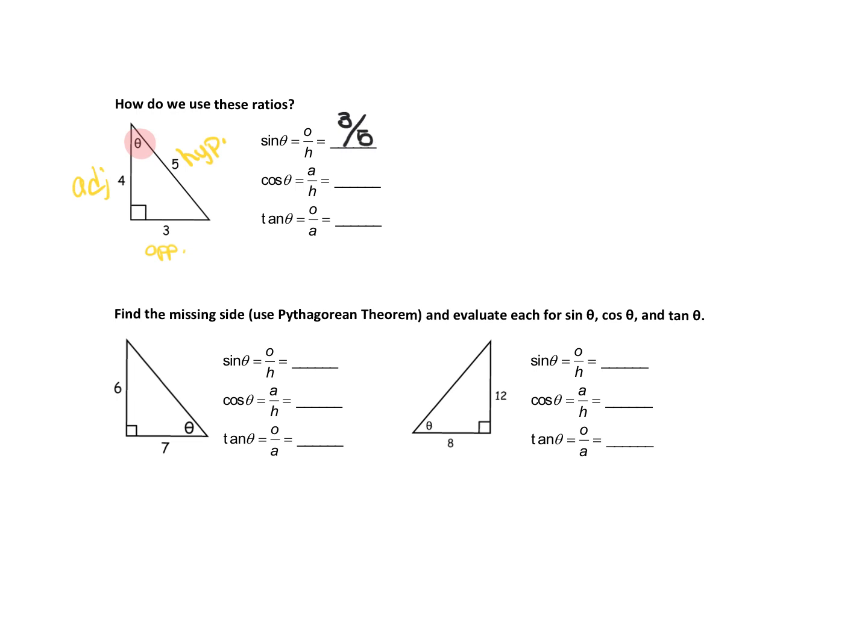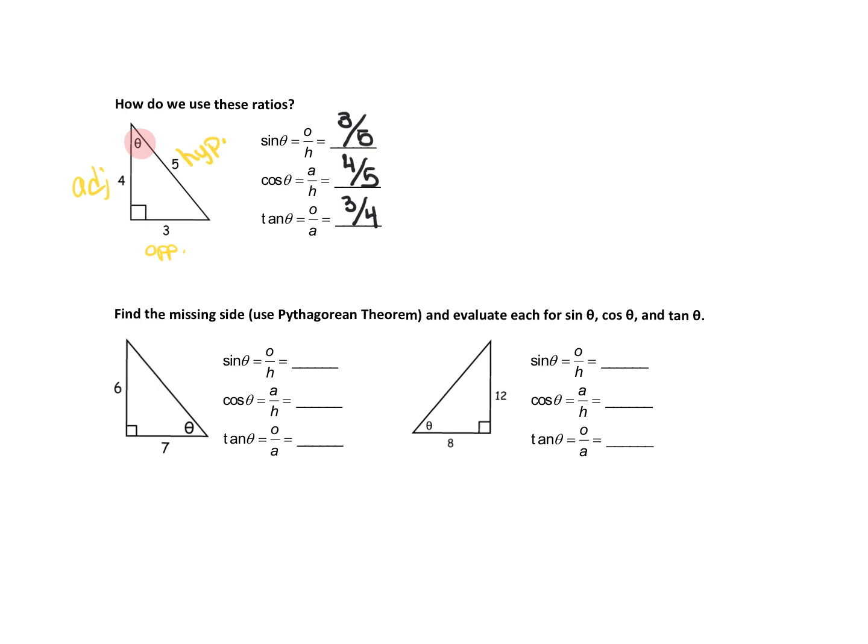So sine of theta equals 3 over 5. Cosine is the adjacent over the hypotenuse. My adjacent was 4, and my hypotenuse is 5. Tangent is the opposite, the 3, over the adjacent, which is 4.